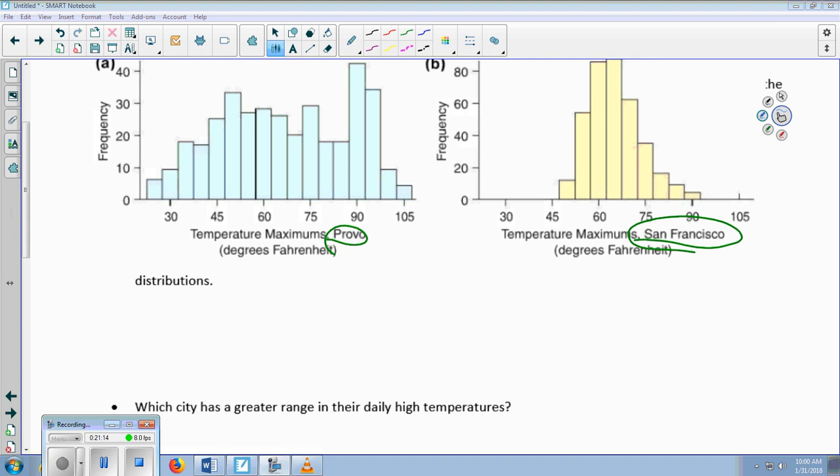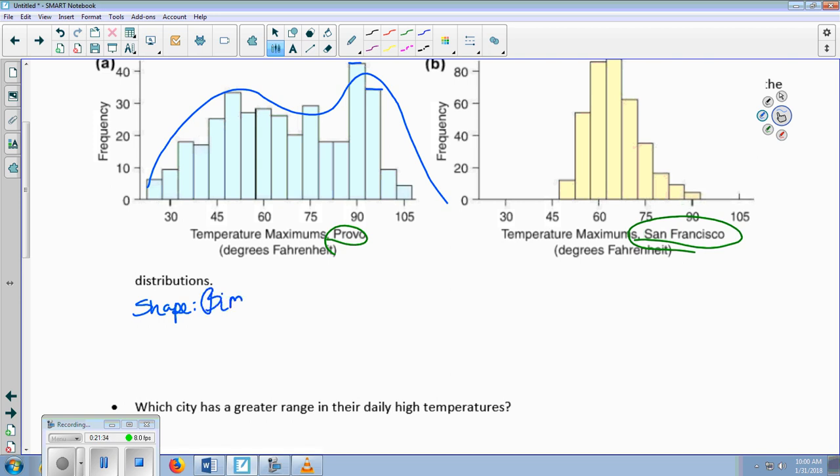Let's look at the shape of Provo. I wouldn't really say it's symmetrical. We've got these tall bars over here. Maybe it might be bimodal.